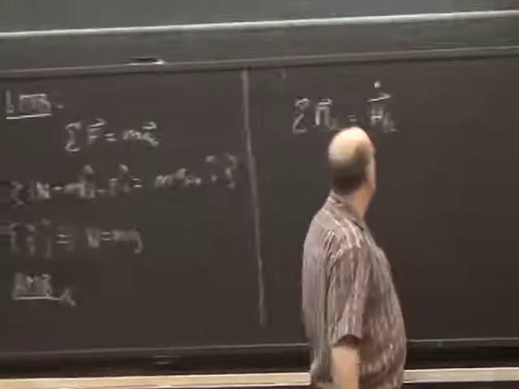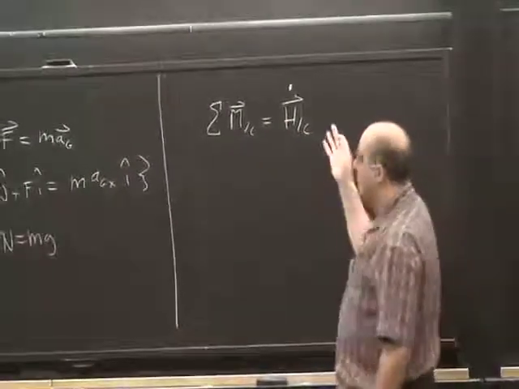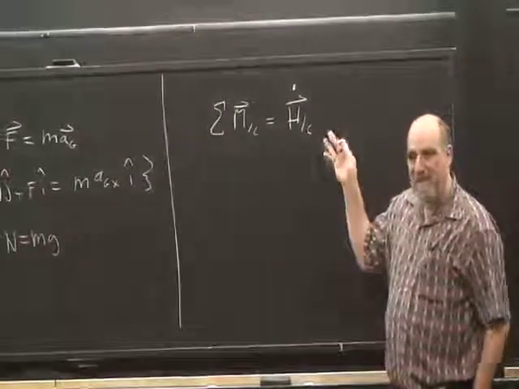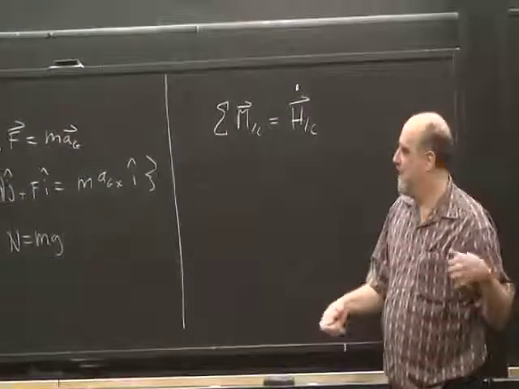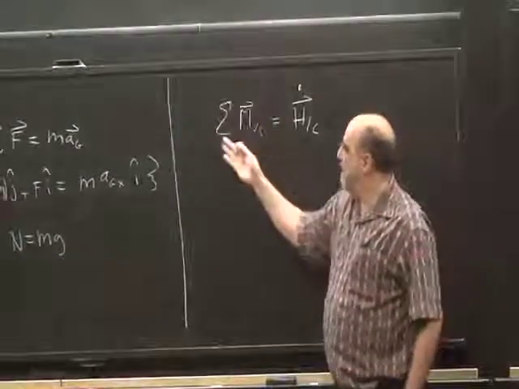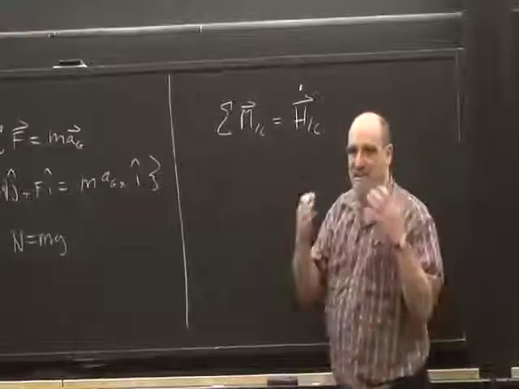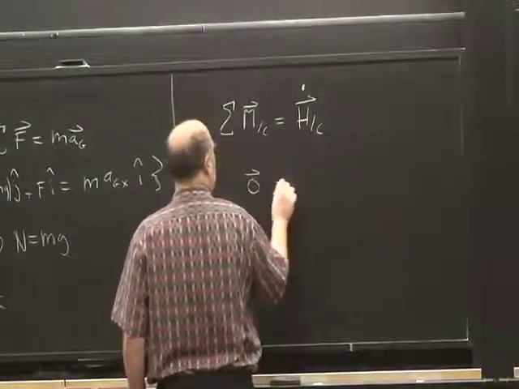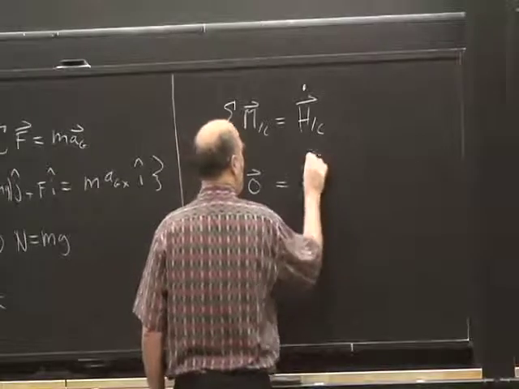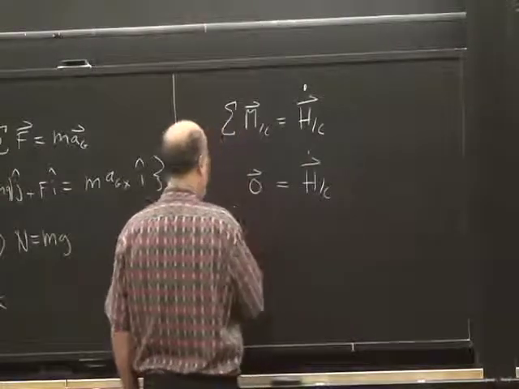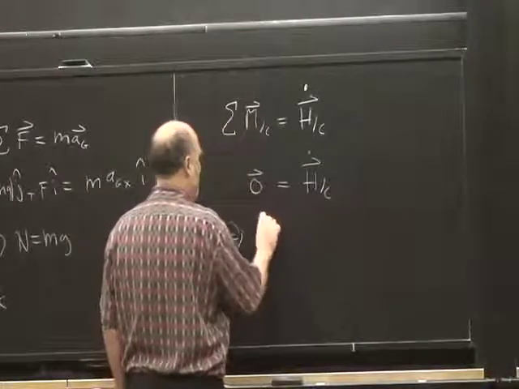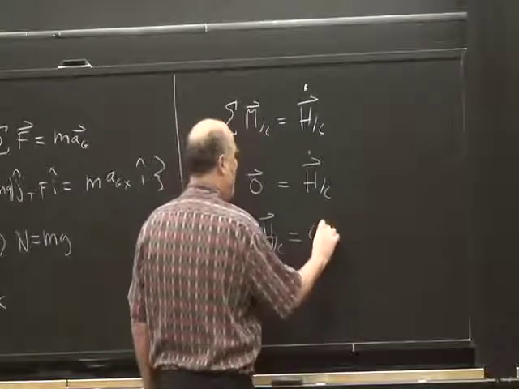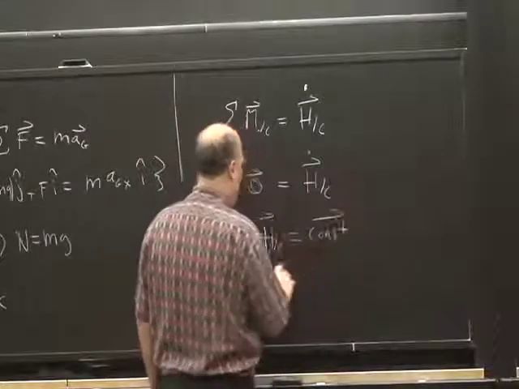Now, I'm going to ask you a question, so get ready for it, and then I want you all to answer out loud. This thing for this problem is? 0. Very good. So 0 is equal to h dot relative to c. Therefore, h relative to c is equal to a constant, or a constant vector.